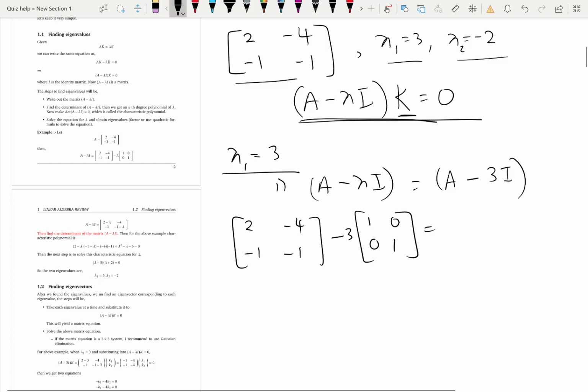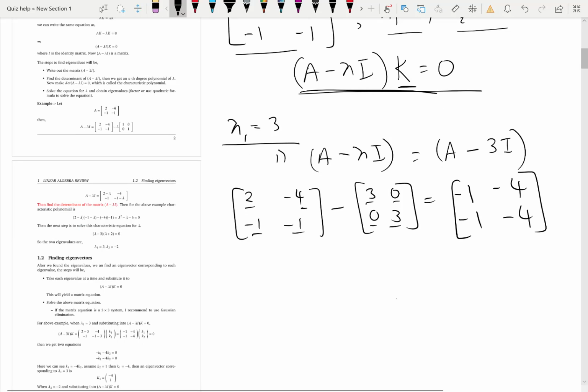The identity matrix is the matrix where you have 1 along the diagonal and everywhere else it's 0. But when you multiply it by 3, the diagonal becomes 3, right? Now if you subtract element by element, 2 minus 3 is negative 1, negative 4 minus 0 is negative 4, negative 1 minus 0 is negative 1, negative 1 minus 3 is negative 4. So you get this A minus lambda I.